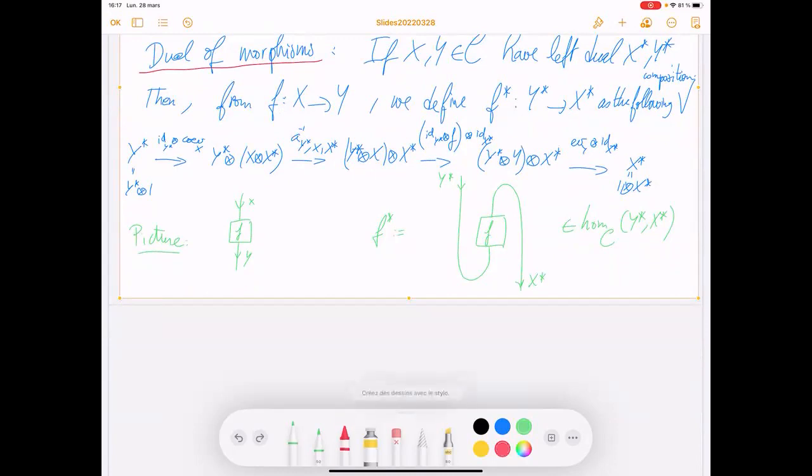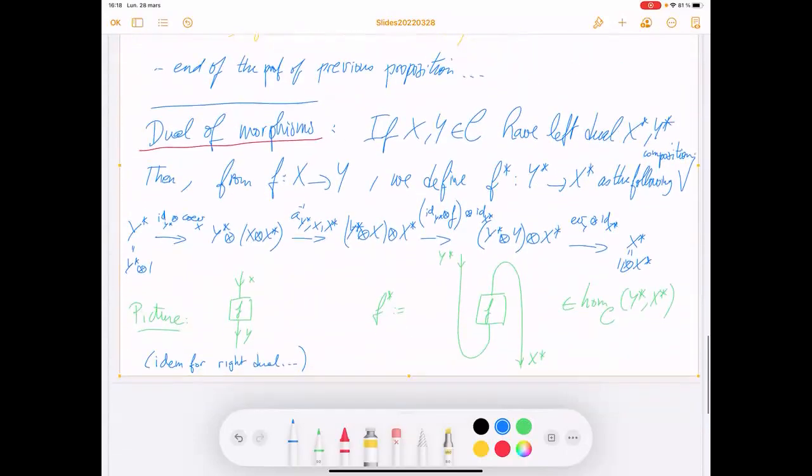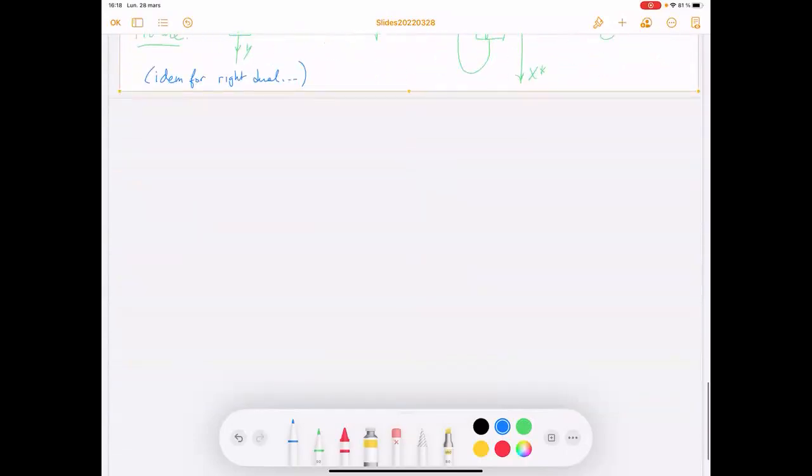Anyway, you have the same for the right dual. Okay. The dual of a morphism, left dual.